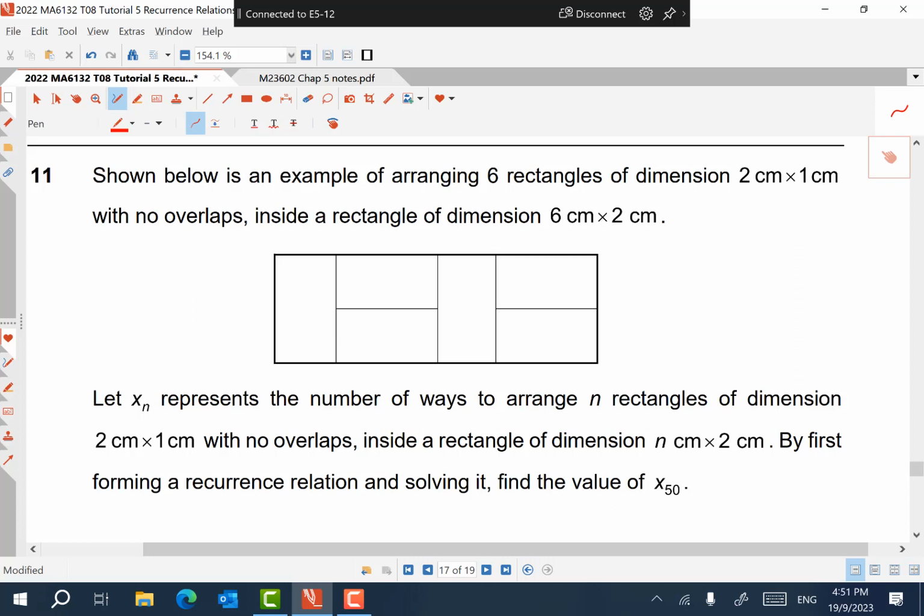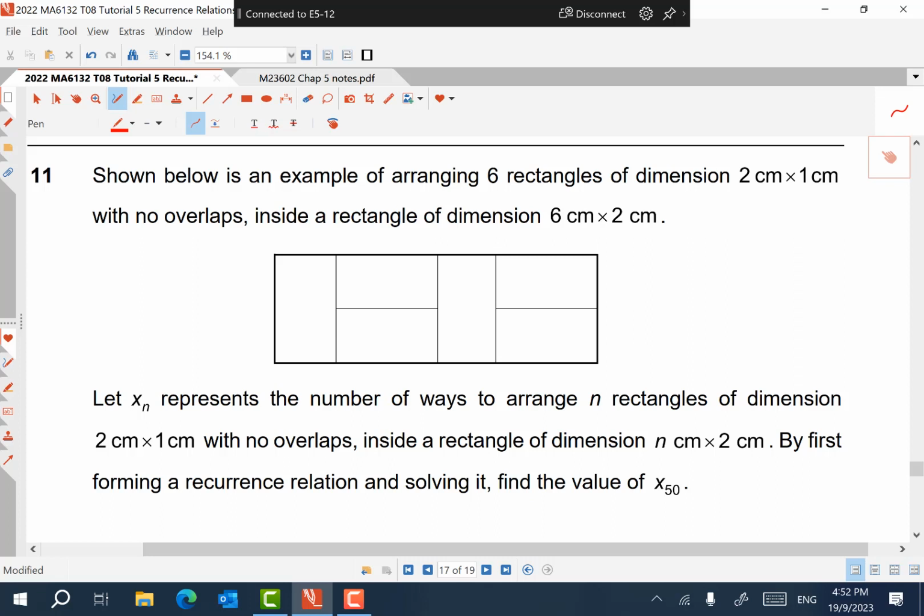Now, let's hear from the floor, how do we form the recurrence relation for this? This kind of question requires you to think in a standard way.